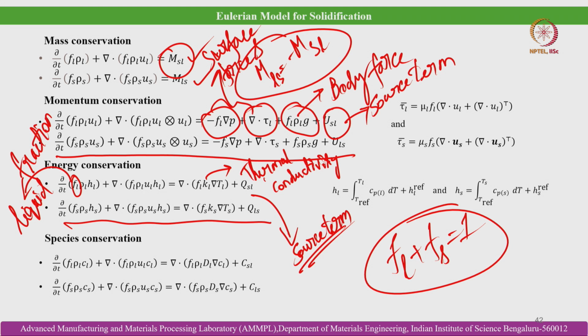And then the species conservation. Species conservation also has similar terminology. You can see del del T F L rho L C L plus grad F L rho L U L, that is the U velocity of the liquid, multiplied by C L. C L is the concentration of solute in liquid.